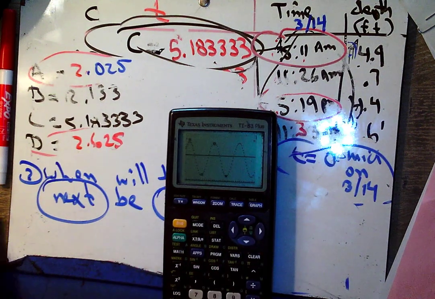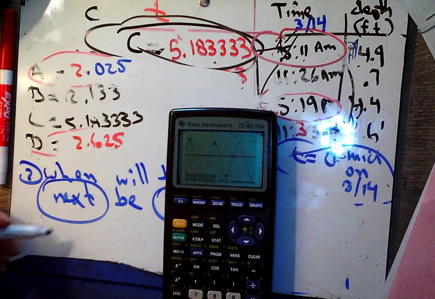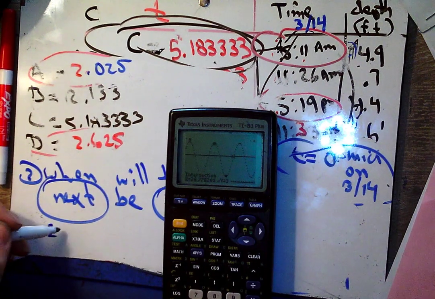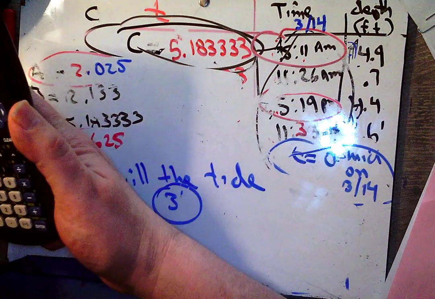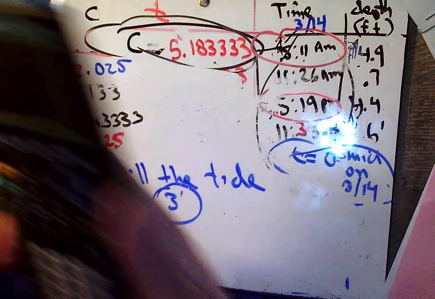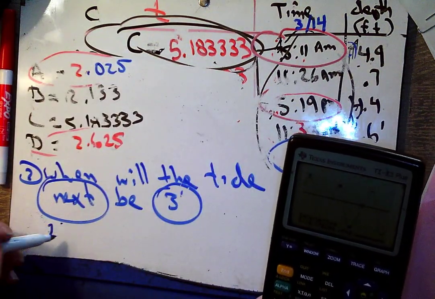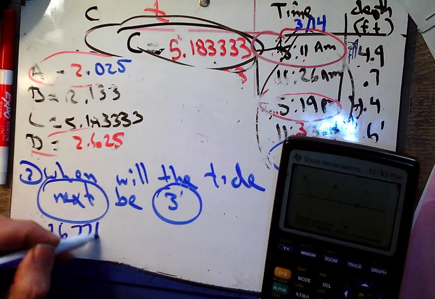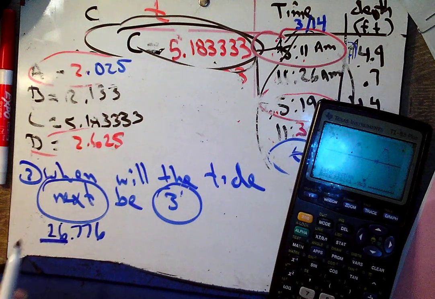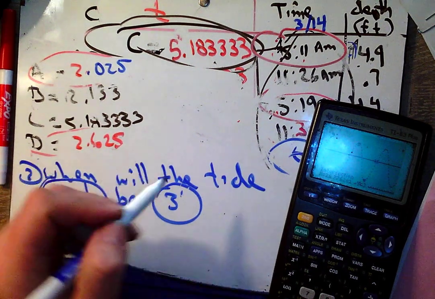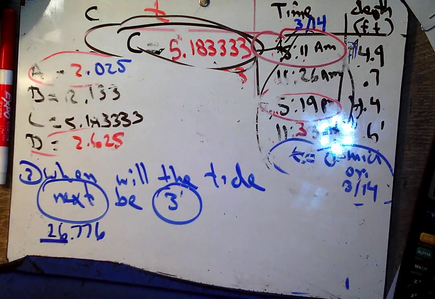Enter, enter, enter. And we get 26.776. Okay, so 24 is midnight on the 15th.